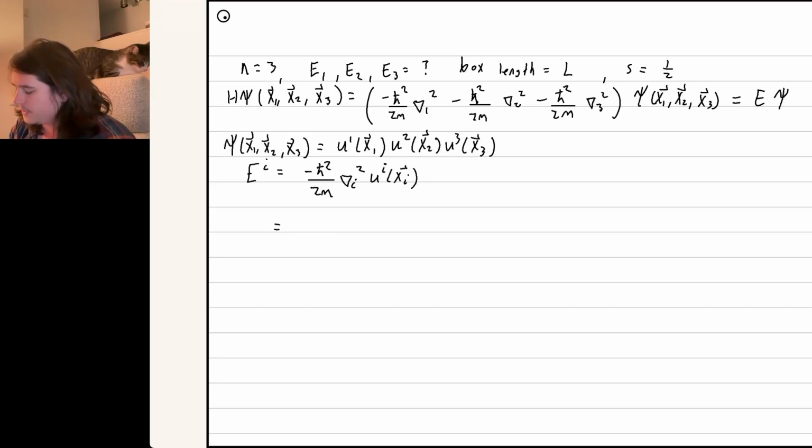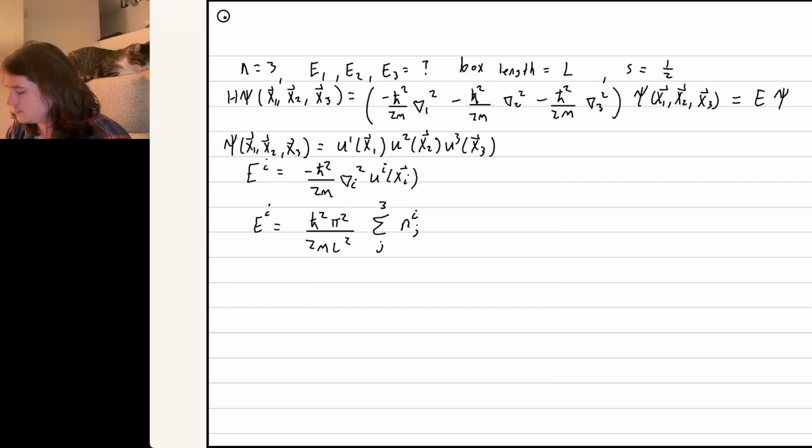That's going to give you h bar squared pi squared over 2mL squared times the sum over j of n_ij, where j is the number of particles that you have in the system, in this case 3.